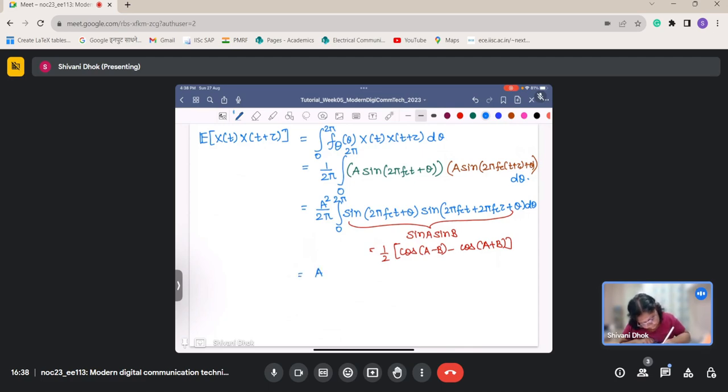So this is equal to a square upon 2 pi integral from 0 to 2 pi of cos of minus 2 pi fc tau, but cos of minus something is again cos of that thing, so this is simply cos of 2 pi fc tau, minus, for the other term, the 2 pi fc t just gets added, so we have cos of 4 pi fc t plus 2 pi fc tau plus theta d theta, and this whole thing is divided by 2.